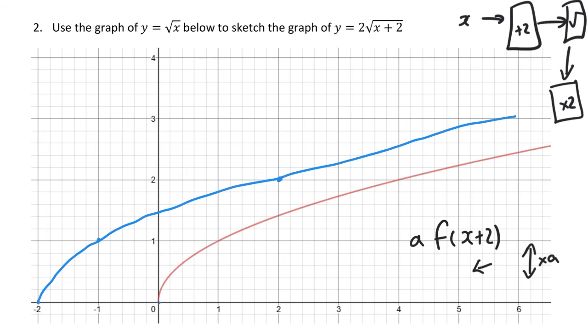So we'll do this in green, and it's going to stretch it parallel to the y-axis. So minus 2, 0 is going to remain where it's at. Minus 1, 1 is going to be stretched up to minus 1, 2. And 2, 2 is going to be stretched up to 2, 4. So that is going to look something like that.